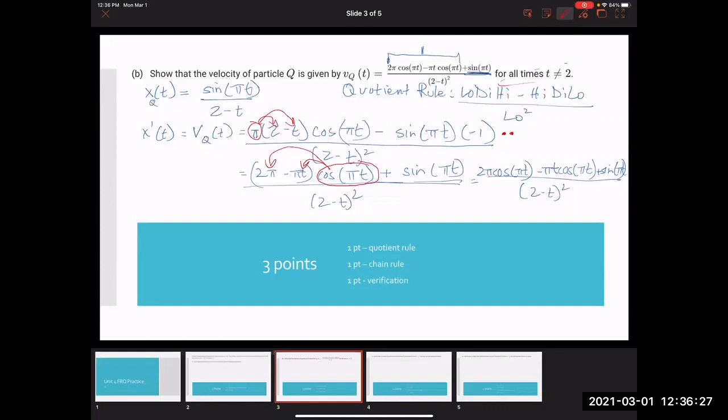And then your final point comes from showing that your last step is the exact same thing as what it's asking you to show is the velocity of particle q. And that's your 3 points for that question. Any questions on this part?